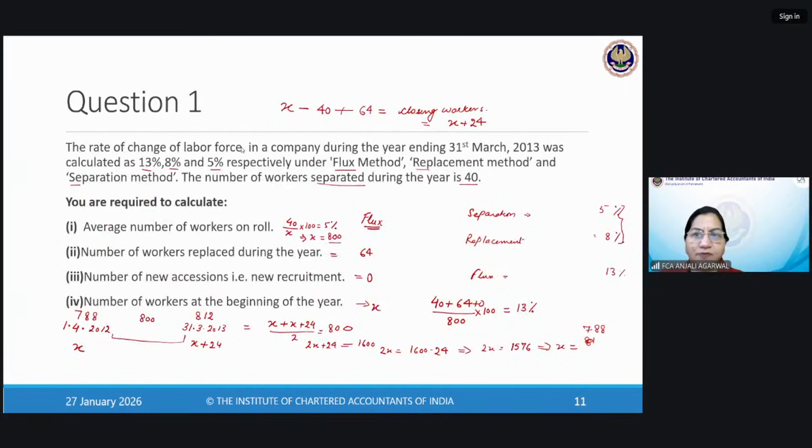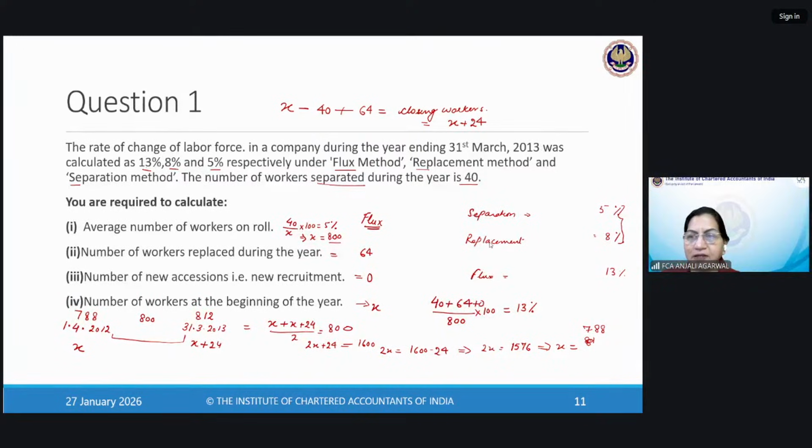The rate of change of labor force is given for the year ended 31st March 2013. So we are taking the period as the complete year, and labor turnover was calculated as 13, 8 and 5% under flux, replacement and separation. One figure they have given is that the number of workers separated during the year is 40. So 40 divided by average into 100 is giving 5%, which means the average number of workers was 800, because 5% of 800 is 40.